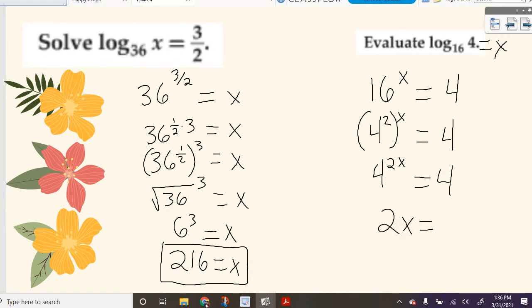But what are we supposed to set that equal to? And we have to recall that anytime I don't have an exponent, it's an understood 1. So we would solve for x and get 1/2. So now we know that we could state that log base 16 of 4 equals 1/2 by plugging that 1/2 back in.